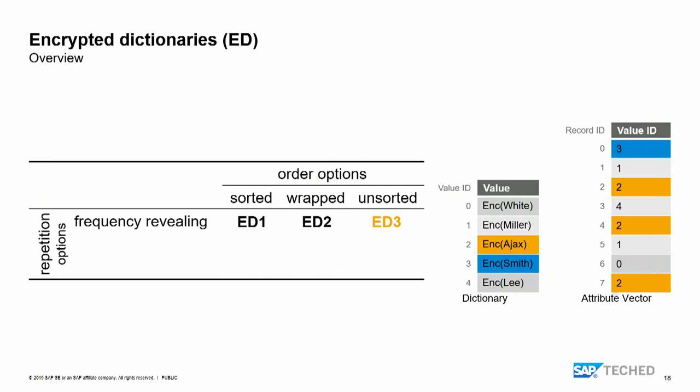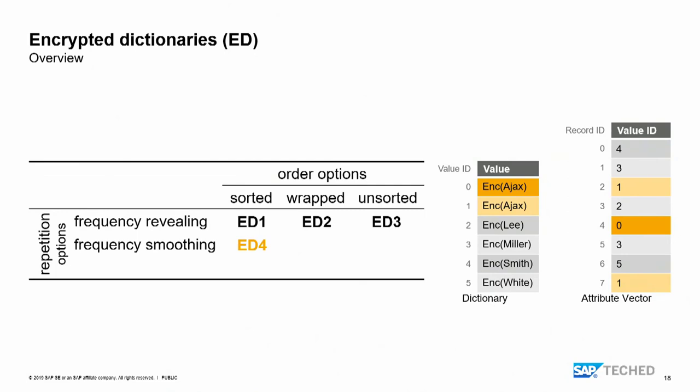Okay, let's come to the second repetition option called frequency smoothing. I told you before the problem was that an attacker can count the equal values in the attribute vector. Now we just added a duplicate of AJAX to the dictionary. AJAX is now there twice. Please note, they are encrypted with probabilistic encryption.